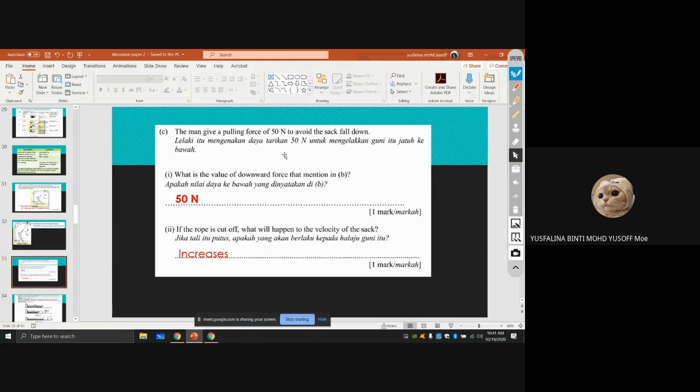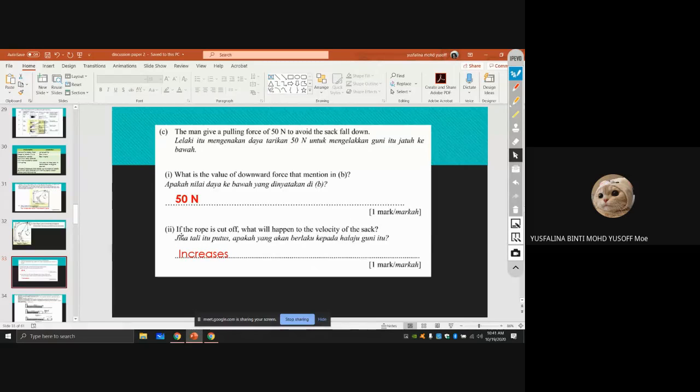The value of the downward force will be the same as the pulling force. So the pulling force is 50, which means the weight also must be 50 because it's in equilibrium.